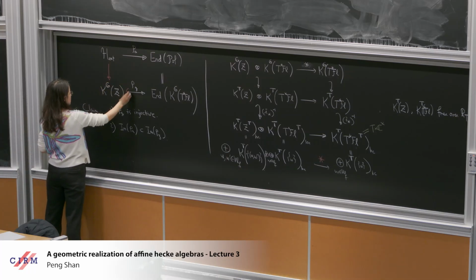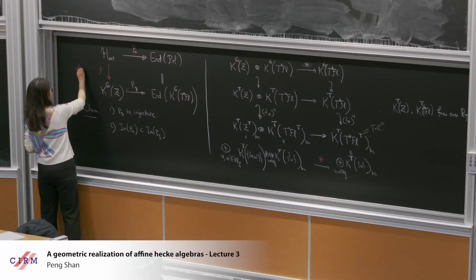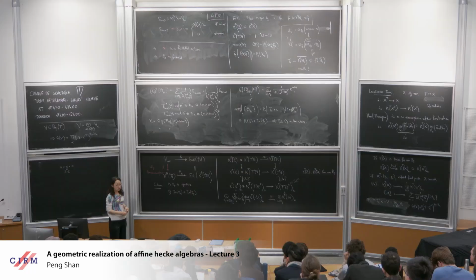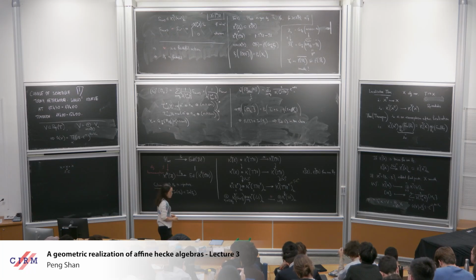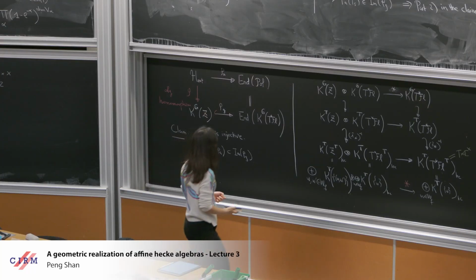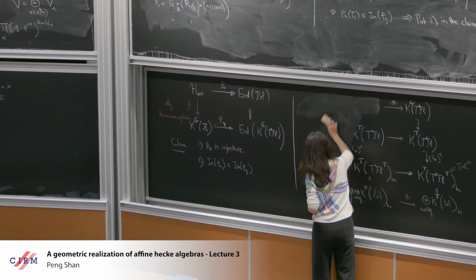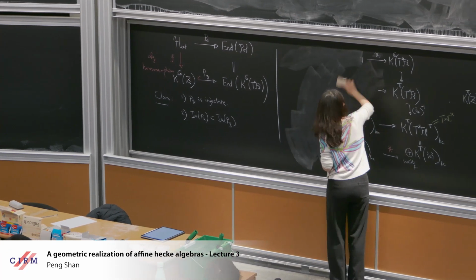So this is injective, and this factorizes and gives us an algebra homomorphism from the extended affine Hecke algebra to K_G of Z. Now you want to show this is an isomorphism. This is not so difficult using dévissage.